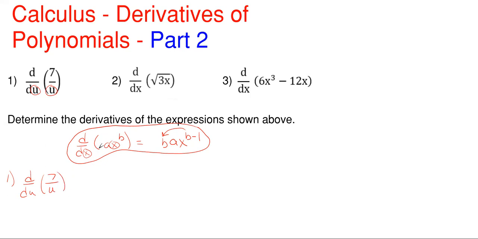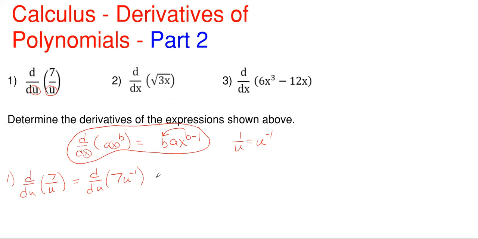So this is not really in this form just yet. So what we're going to have to do is turn it into this power formula here. We're just going to rearrange this 7 over u portion, and rewrite it as 7u to the minus 1, because that's essentially what 1 over u is equal to, u to the minus 1.